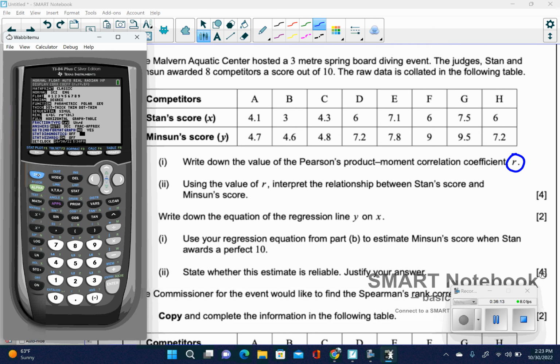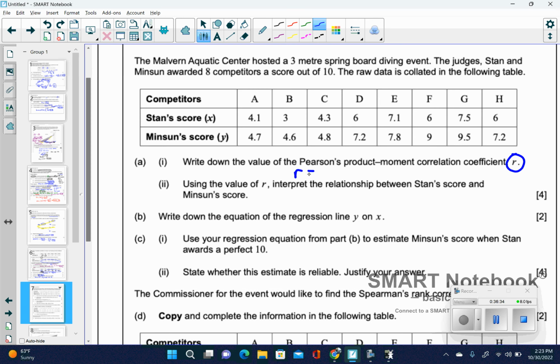Then you hit second quit, and you do stat, go over to calc. Option number 4 is linreg. You're just going to hit enter a whole bunch of times until it gives you your R value, which is 0.909. Remember, we're never using R squared for SL. So R is equal to 0.909.